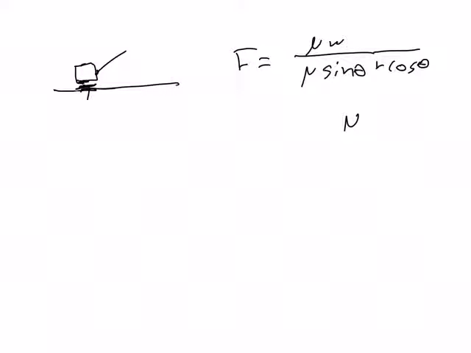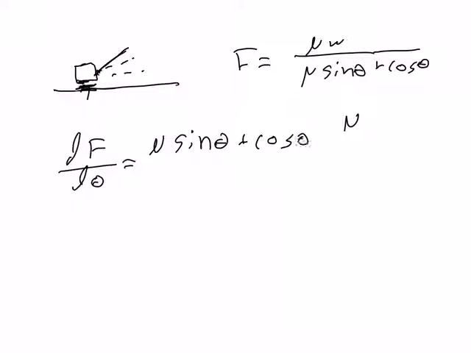So find the rate of change of F with respect to the angle, right? How does the force change with respect to how I hold this rope? So we're going to have the change in F over the change in the angle, and we're going to use the quotient rule. So first we're going to have that sine plus cosine.